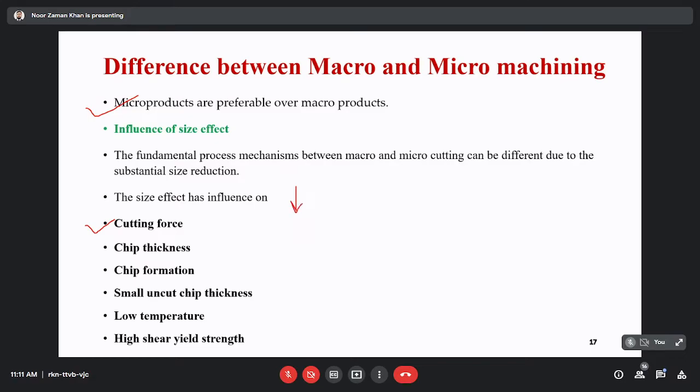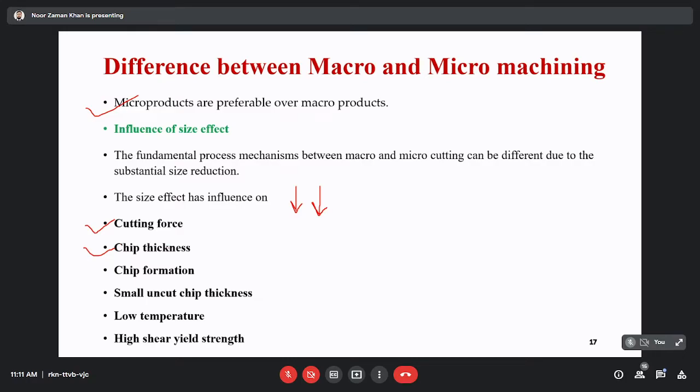If the chip thickness is small, the cutting force will also be small, and less material will be removed. So if we reduce the size, then the chip thickness will reduce, and ultimately the cutting force will also reduce. Chip thickness will be very small in micromachining, and there will be a large variation between conventional machining and micromachining.